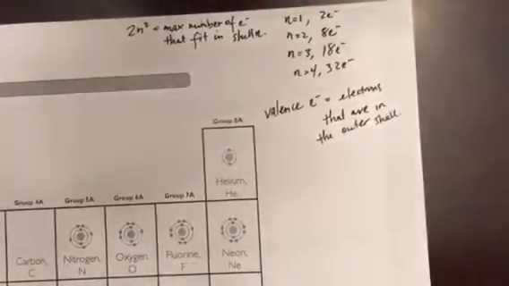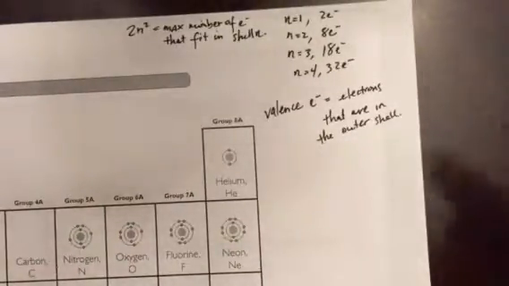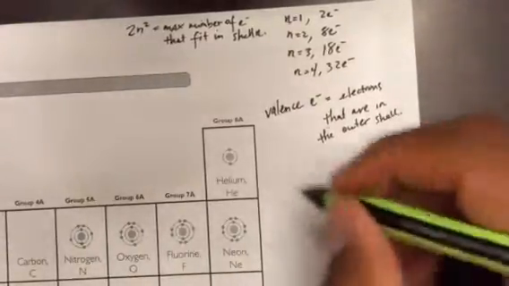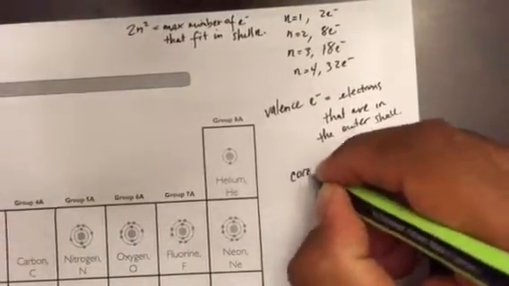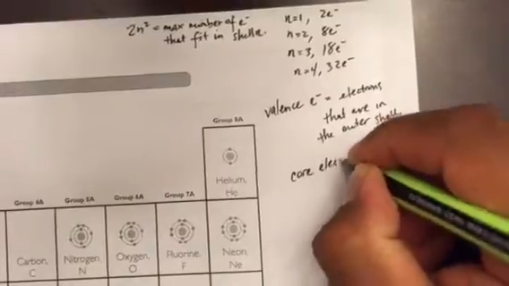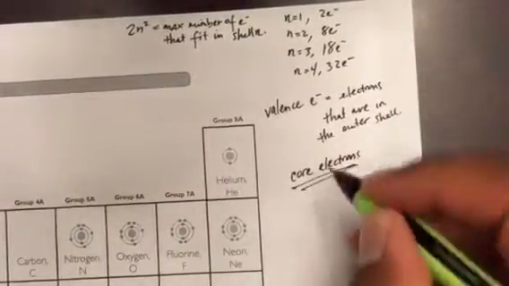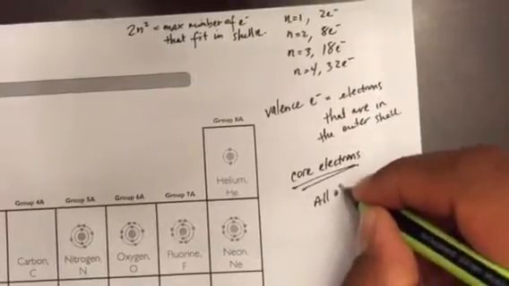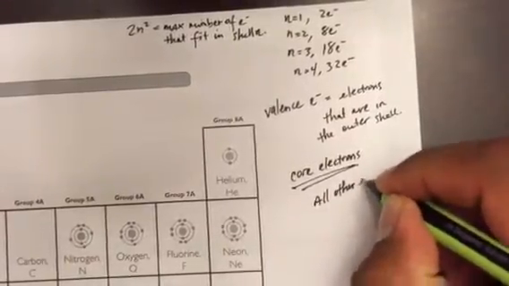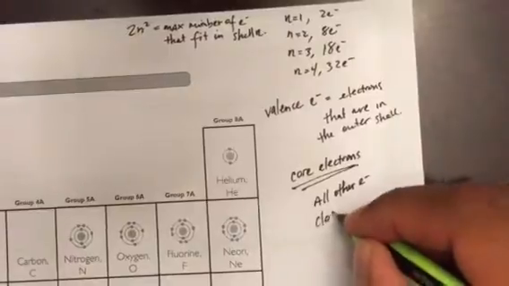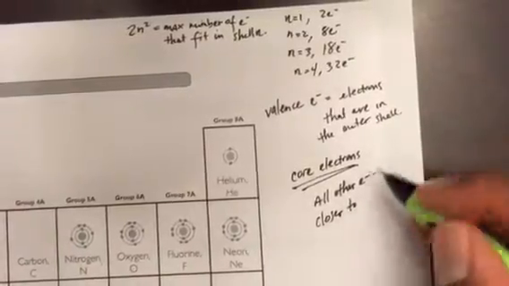Excuse me. And all the other ones are called core electrons. I'm just saying core electrons are all other electrons closer to the nucleus.